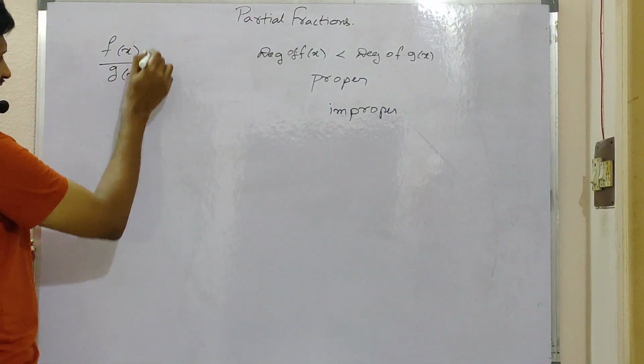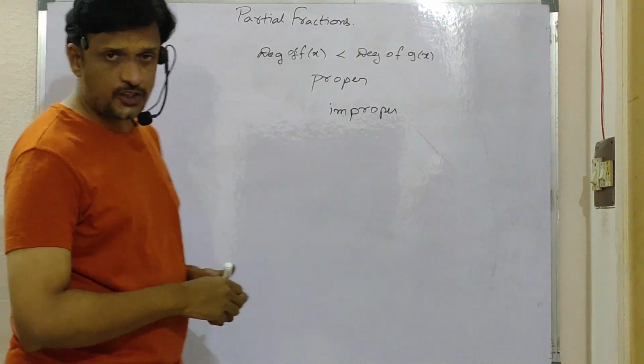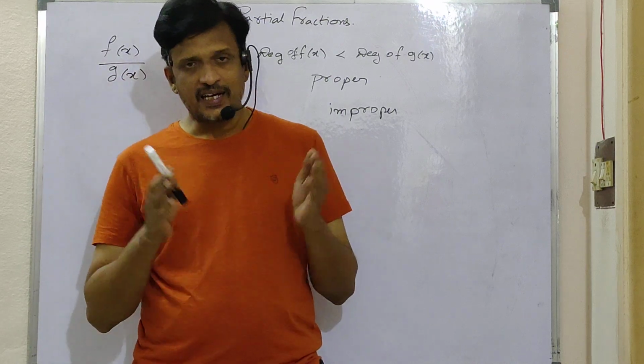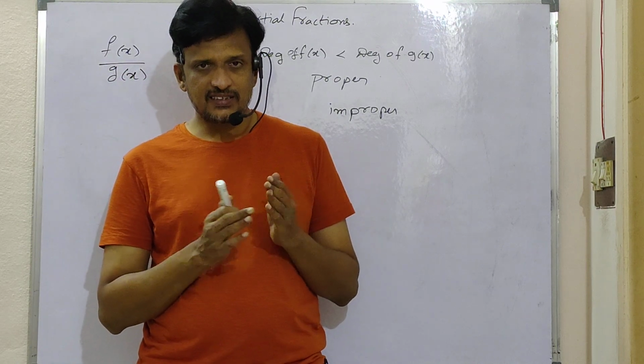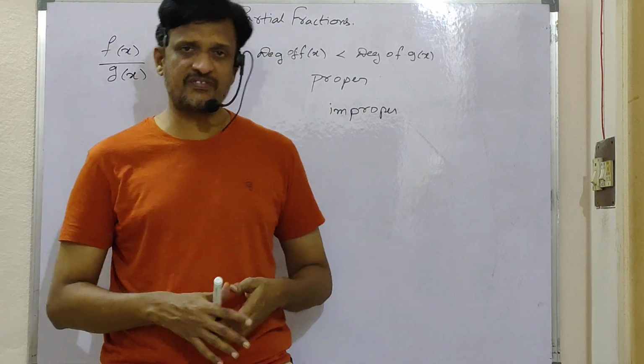Here f of x and g of x are two polynomials, and g of x is in irreducible form. Reducible means we can further write a simplified form. Irreducible means there is no chance of getting any further simplified form.